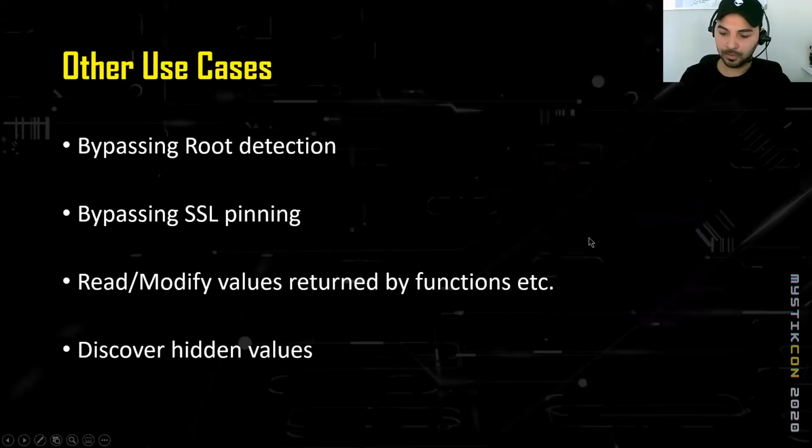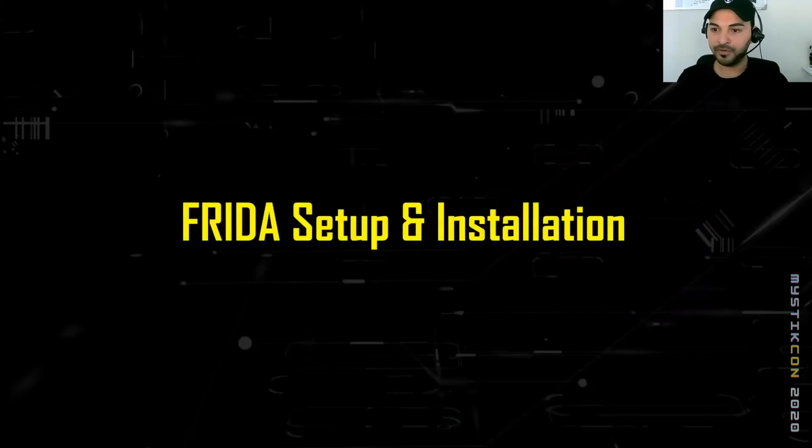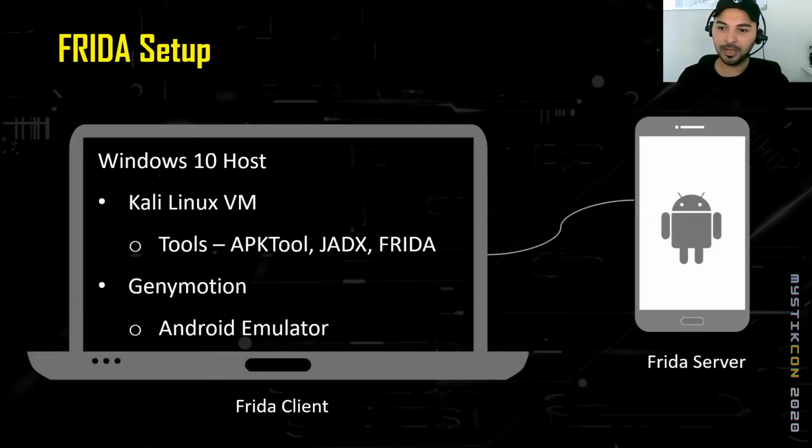Cool, so what are we going to do now? FRIDA setup and installation. In my setup, I'm using my laptop with Windows 10 installed. Then I'm using Kali Linux as a VM, and all the tools are installed inside that Kali Linux. Then I'm running Genymotion as my emulator, which I can show you here.